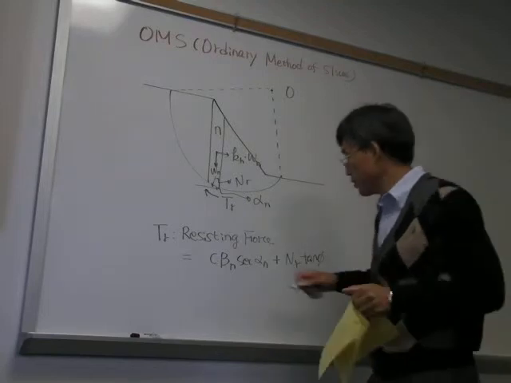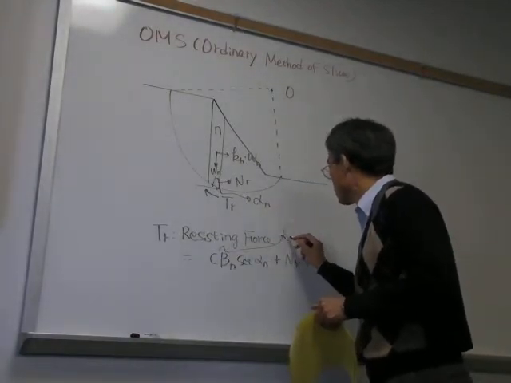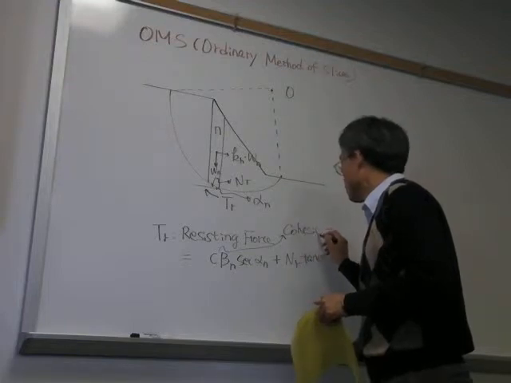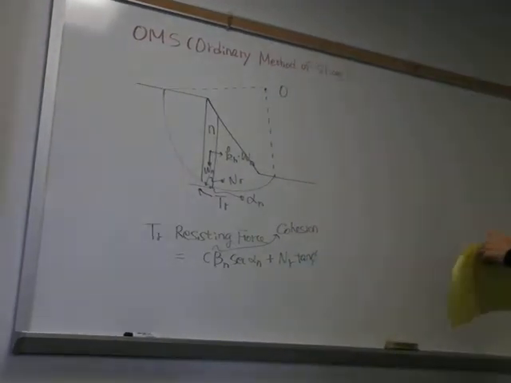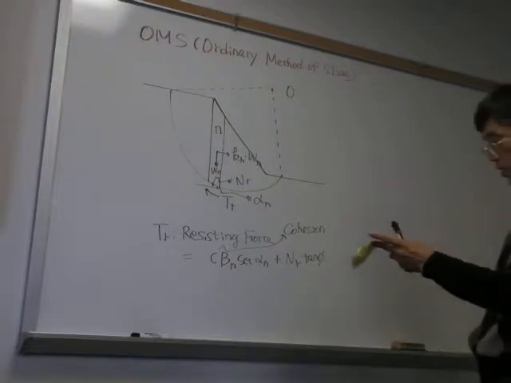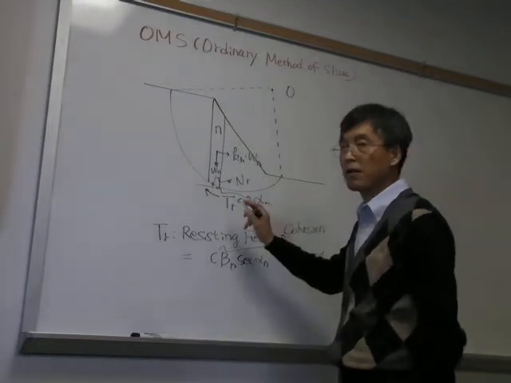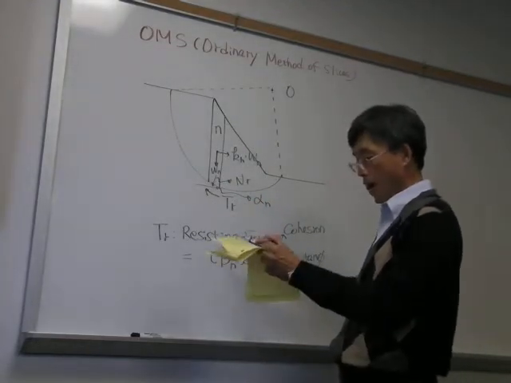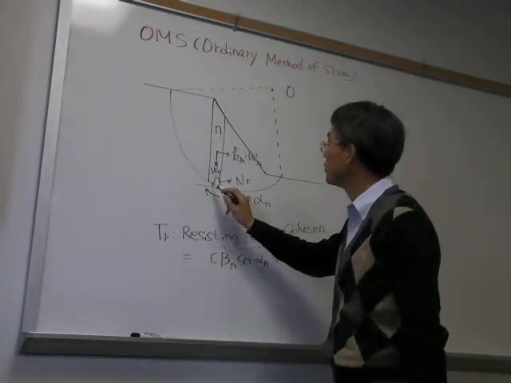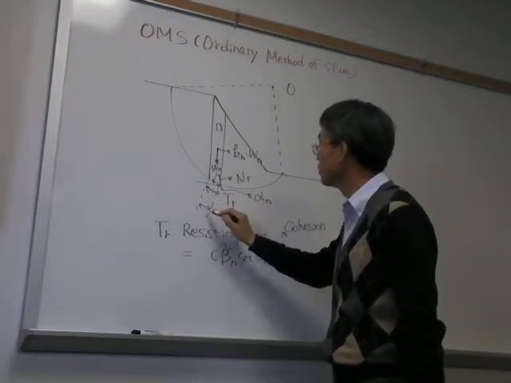C is the cohesion. B is the length of this section.